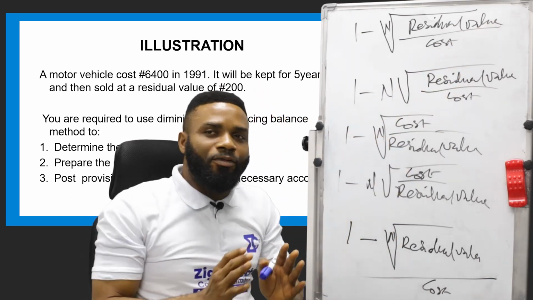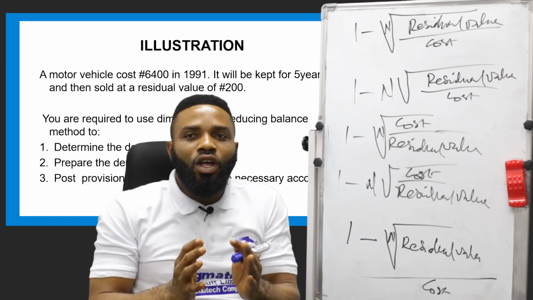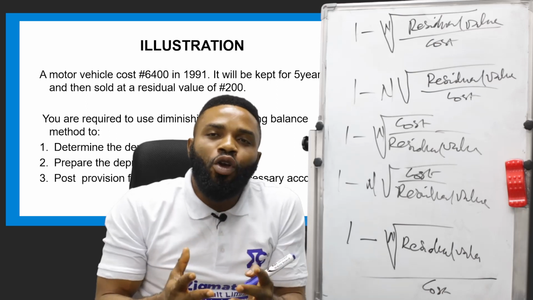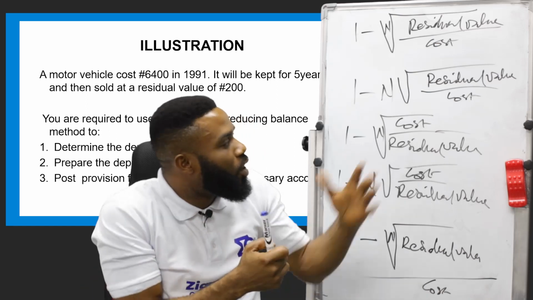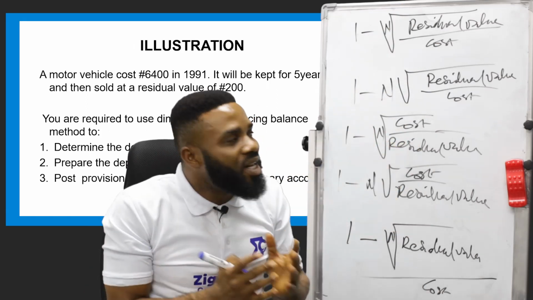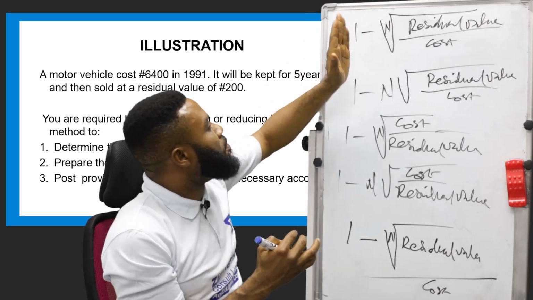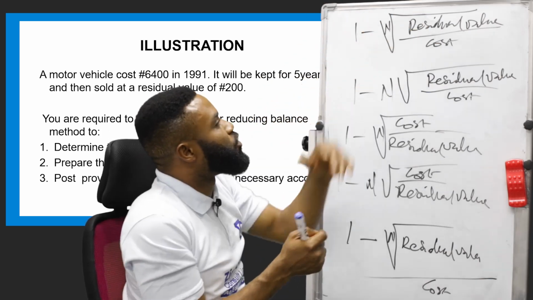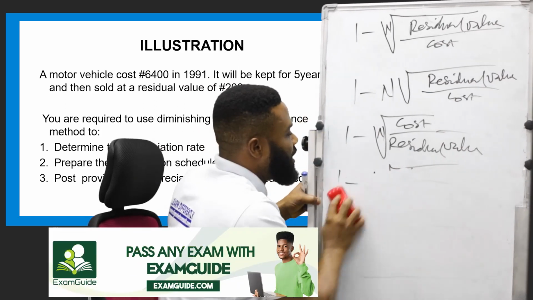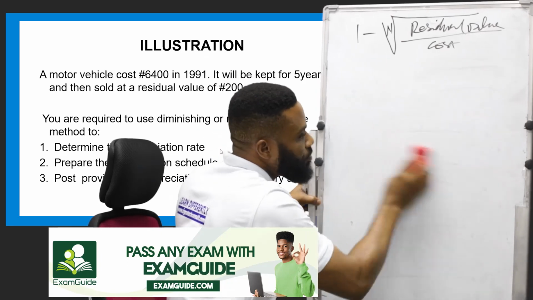There is need for students to get this clarity so that by the time you see it in examination, you are not confused. It will be very disappointing that after you have gone through this video and studied very hard, you come to the examination hall and then you see something like this, you become very confused. Please note that the formula is 1 minus n root of residual value all over what? The cost. So let's quickly use this formula to solve the illustration we have on the board.